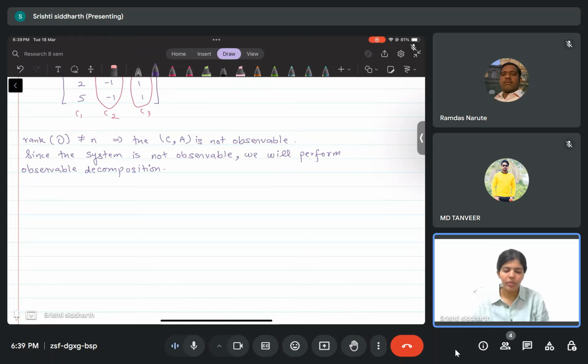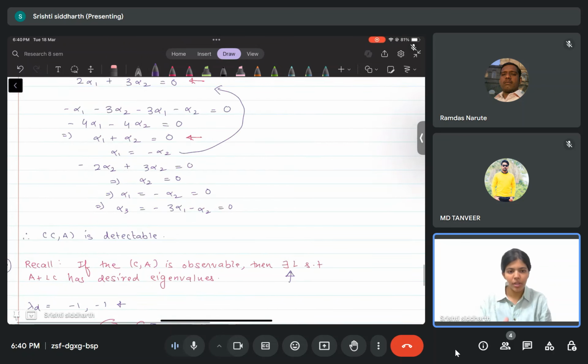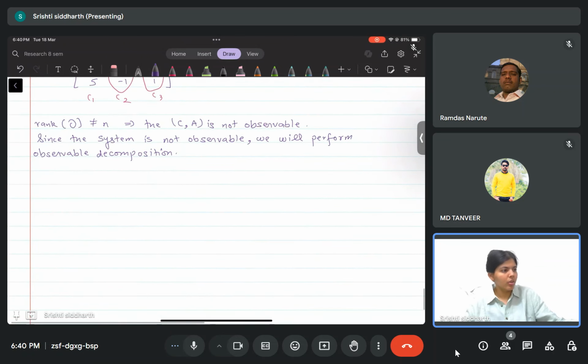After performing the observable decomposition, we'll have a reduced pair C0, A0, let's say, which will be observable. And then we can find the gain matrix L for that system and then extend it to the system of order 3.